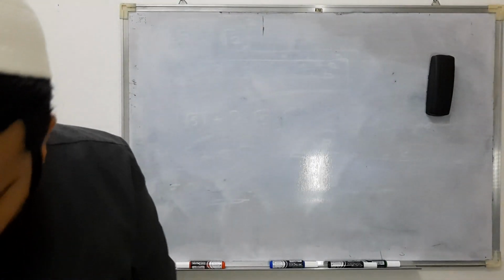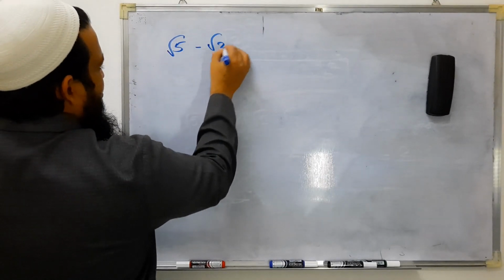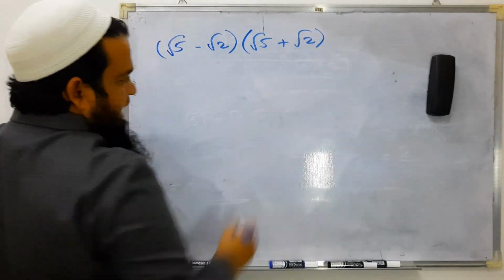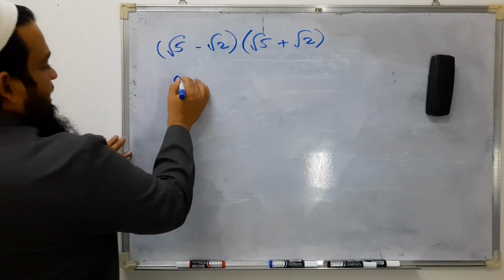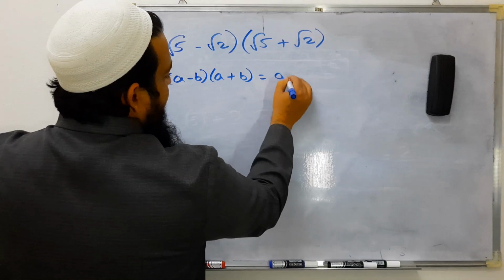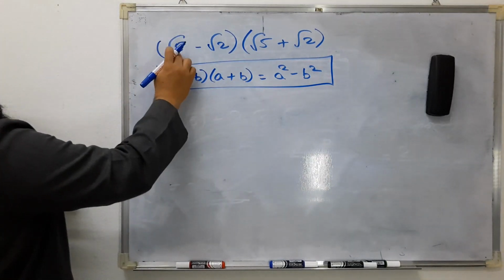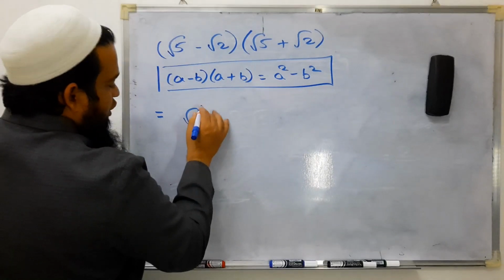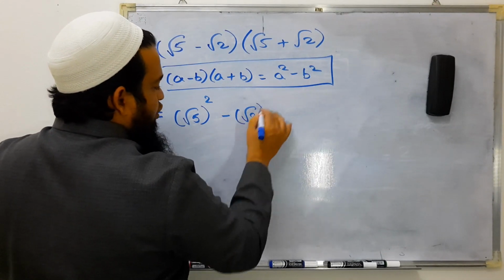Now the question is (√5 - √2)(√5 + √2). It's the same. We have seen (a - b)(a + b) equals a² - b². So here a is √5, that equals a square, (√5) whole square, minus, what is b? (√2) whole square.